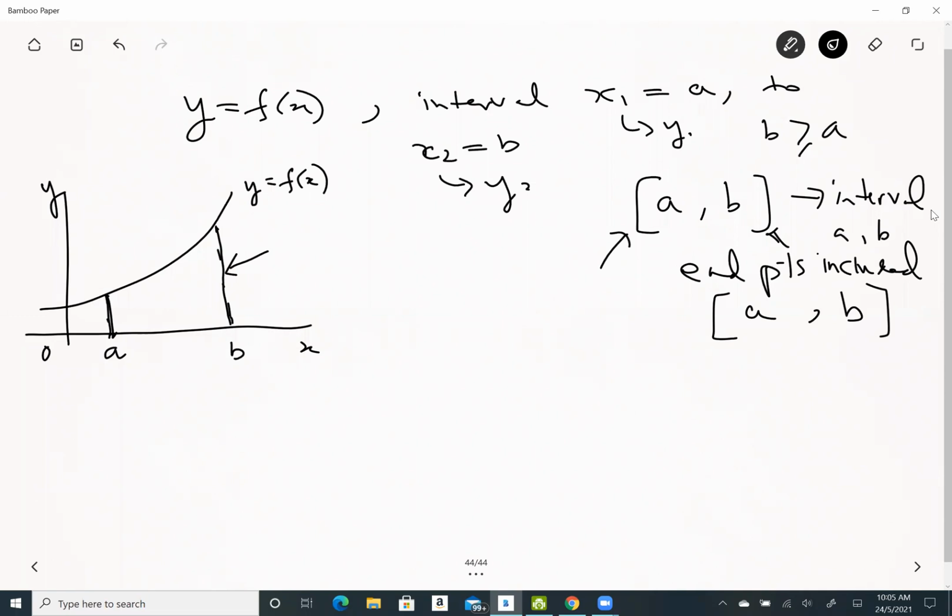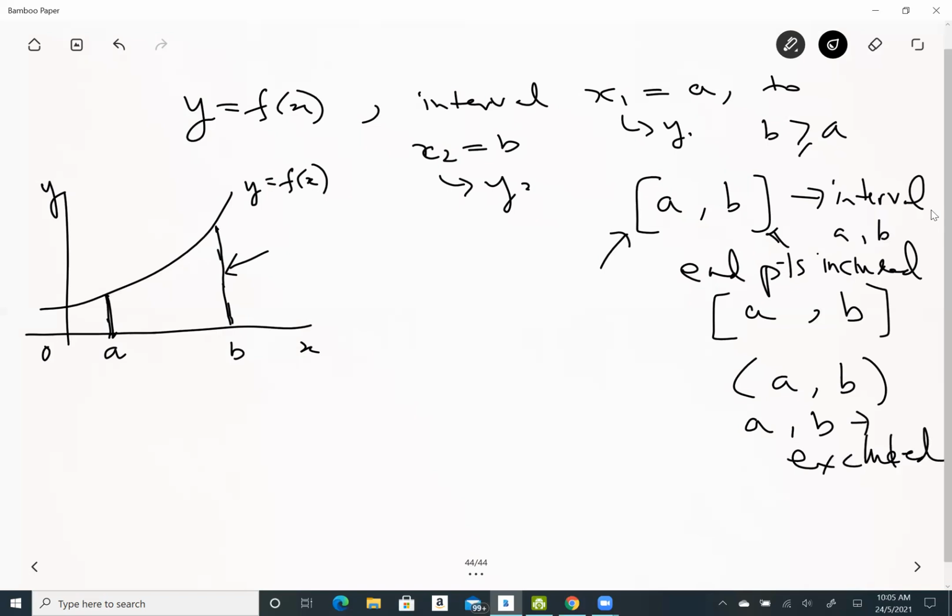If you have a regular bracket, the endpoints are excluded, so A and B are not in the interval.